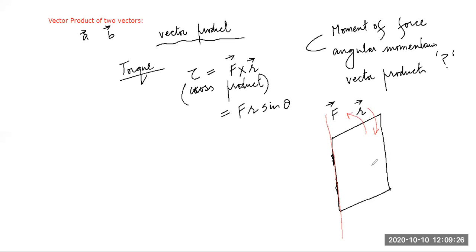Now, we know that if I apply force here, perpendicular to this, there's a handle here. You put your arm like this, and at 90 degrees to this, you apply the force. Now this is the r vector, along this. So this r and F are supposed to be at 90 degrees.